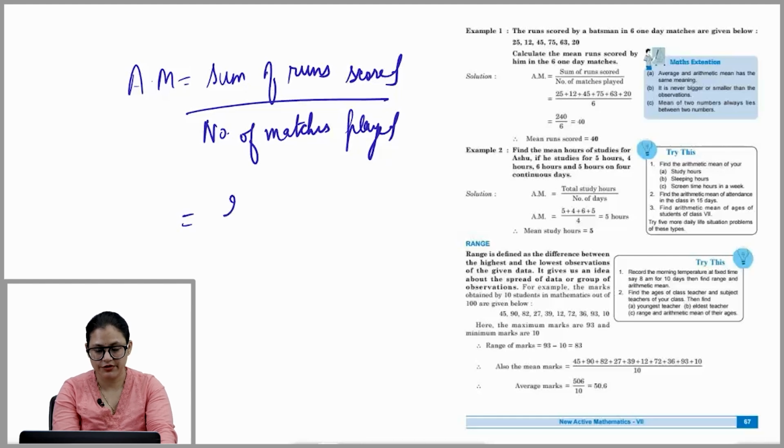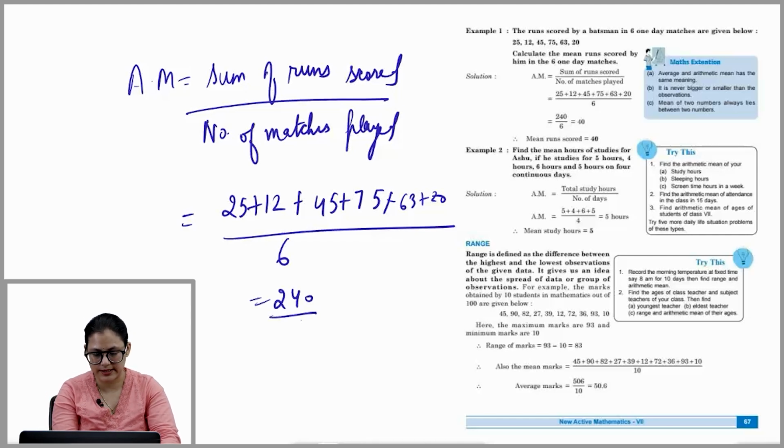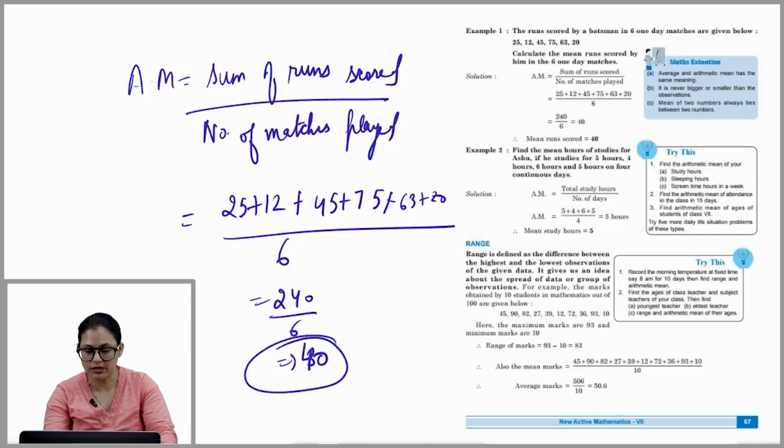So, 25 plus 12 plus 45 plus 75 plus 63 plus 20. How many matches did he play? 6 matches. So, in total you will get 240 by 6, and then you will get 40 as the answer. So, the mean run score is 40.